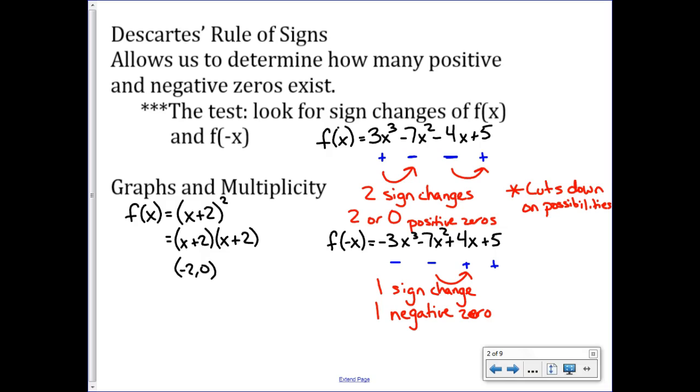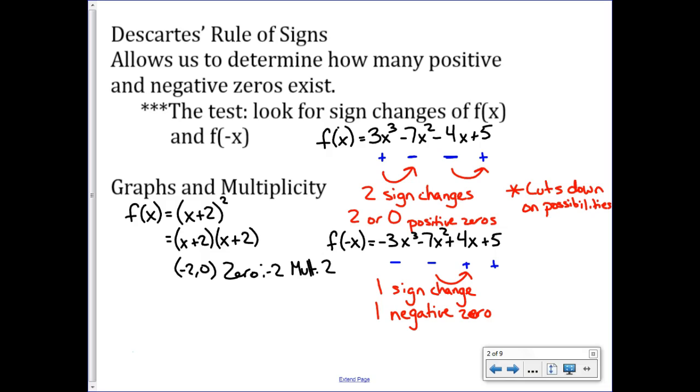So the zero is negative 2 with a multiplicity of 2. It occurs twice.